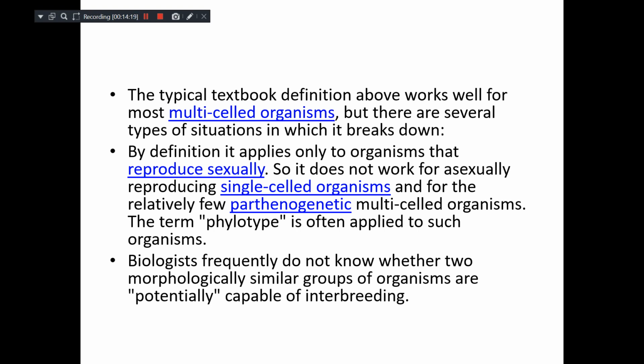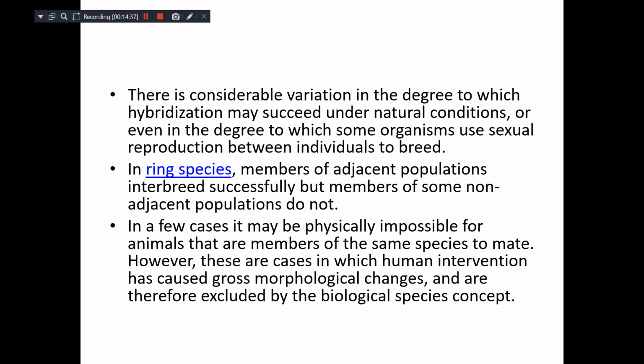Morphologically similar groups, remember. Physically, morphologically, for external appearance, they look alike. Whether they can undertake reproduction or not, in many insects and smaller organisms, still now we do not know. So because of all these reasons, giving a perfect definition for species is very, very difficult.